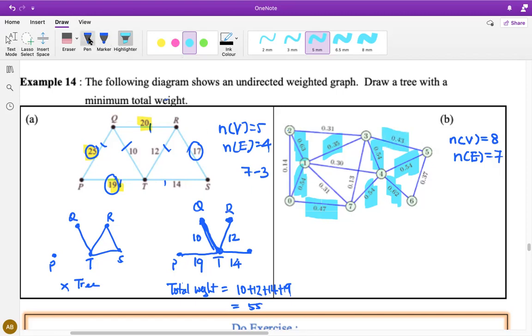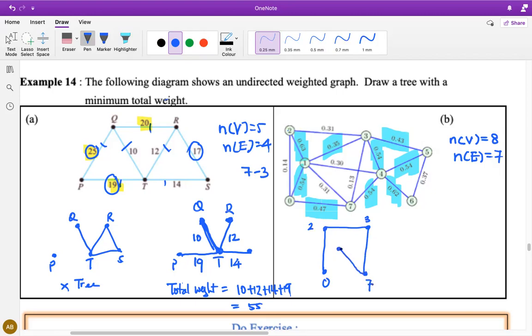Therefore, all right, so my route will be 0, we go to 2, and then we go to 3, then we go to 7, then we go to 1, then we go to 4. Then from 4, we have to choose whether to 62. Okay, so 62.